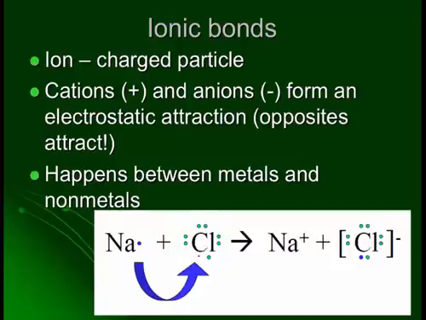And what that does is it makes sodium have a complete octet from its inner electrons. Chlorine now has a full octet from its valence electrons. We have a positive charge, we have a negative charge, and these guys stick together because of that electrostatic attraction.